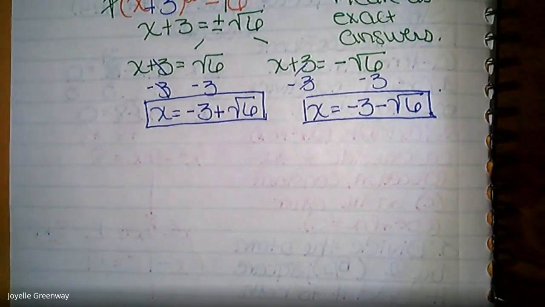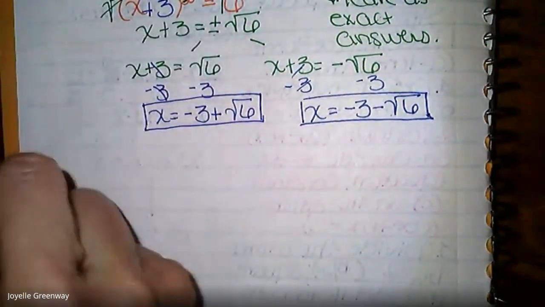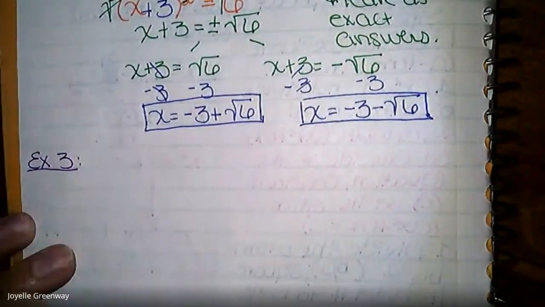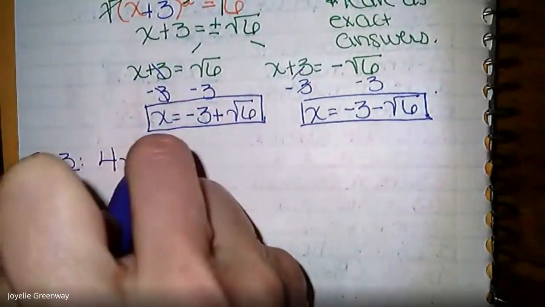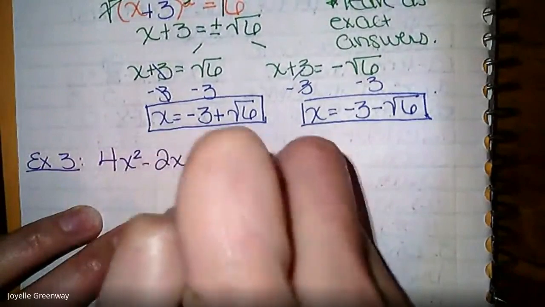And of course, as usual, I'm going to throw a monkey wrench in there. So example 3, let's do 4x squared minus 2x minus 5 equals 0.